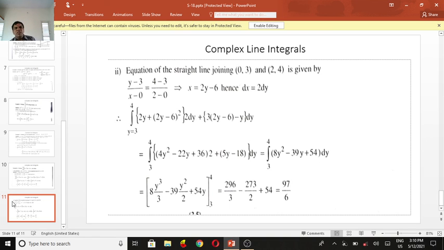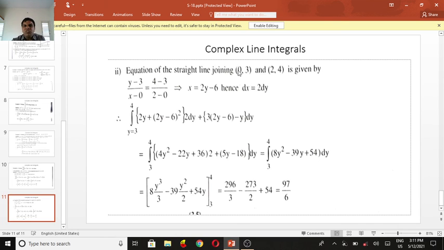Now the last one, in straight line form from (0,3) to (2,4). I make the line equation: (y - y1)/(x - x1) = (y2 - y1)/(x2 - x1).